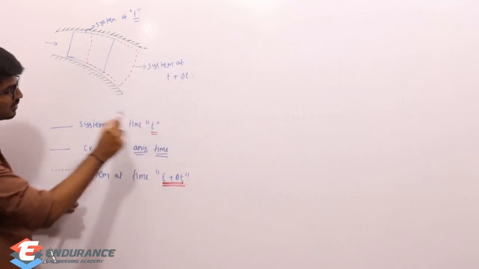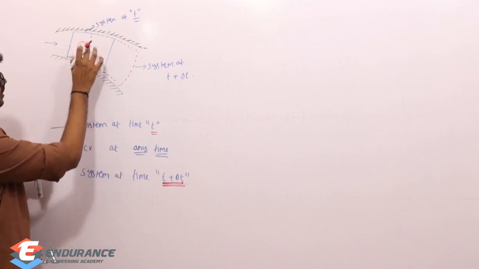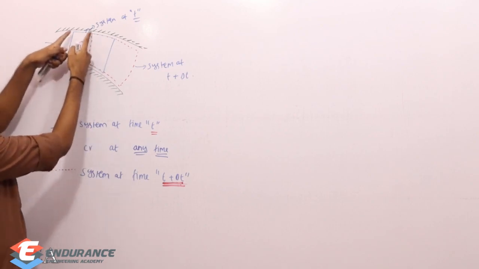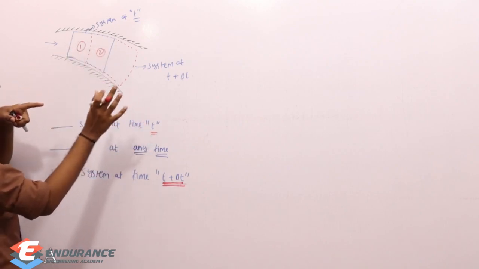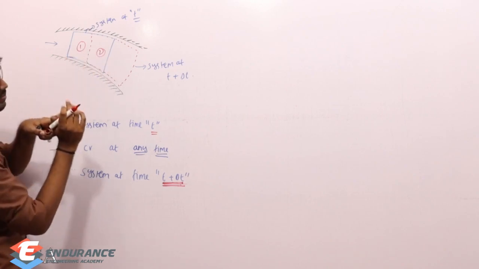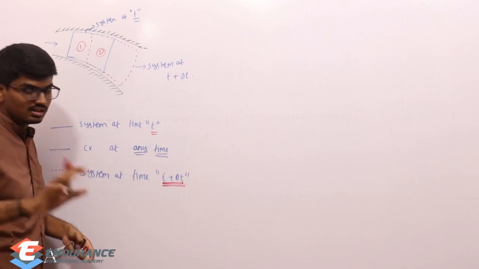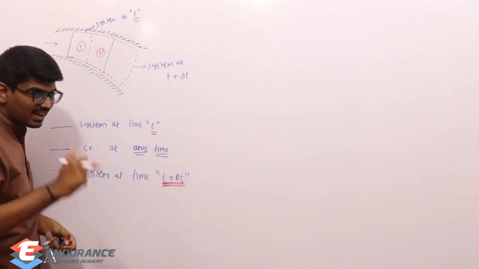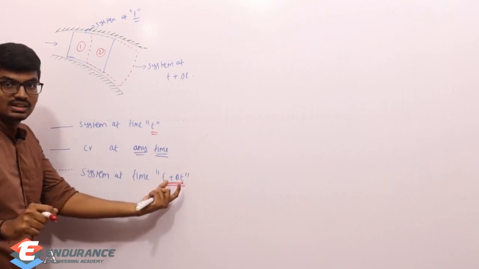Now at time t, we can take this section as 1, only this part as 1, and this part as 2. So at time t, my system and control volume are both present at part 1 and part 2. At time t plus delta t, listen carefully, where is my control volume?